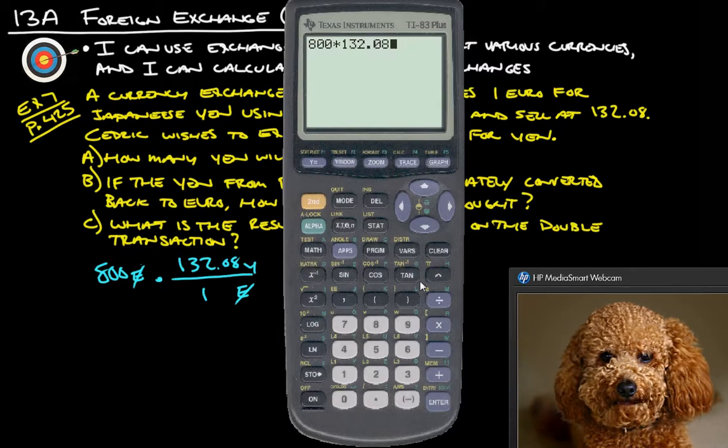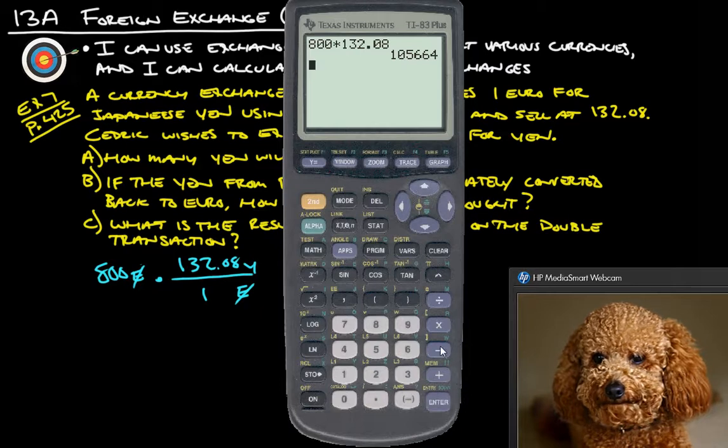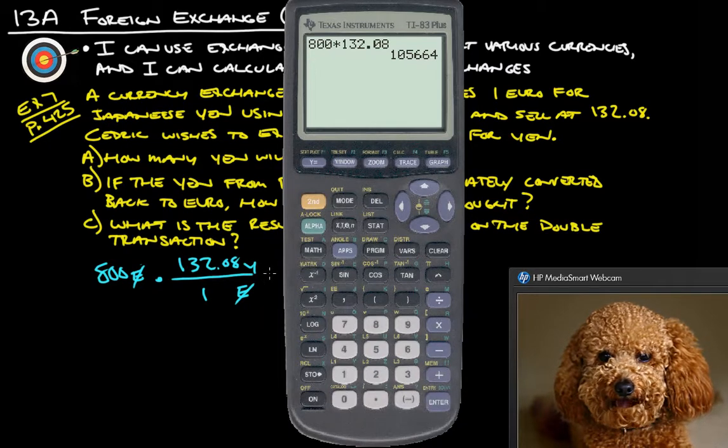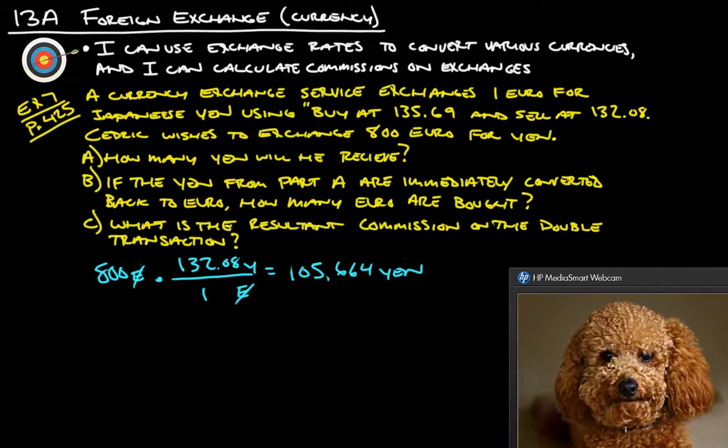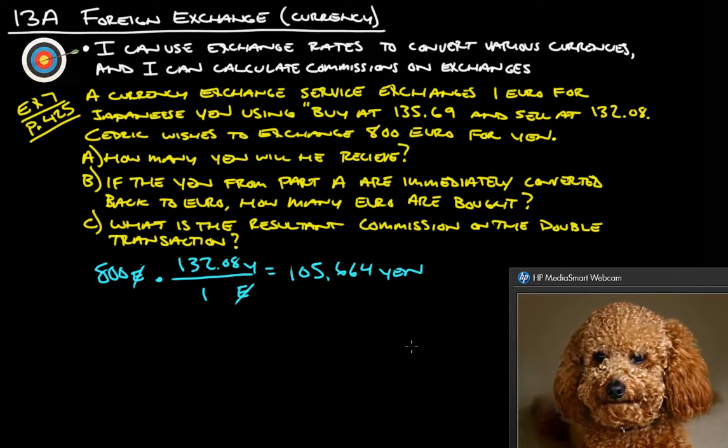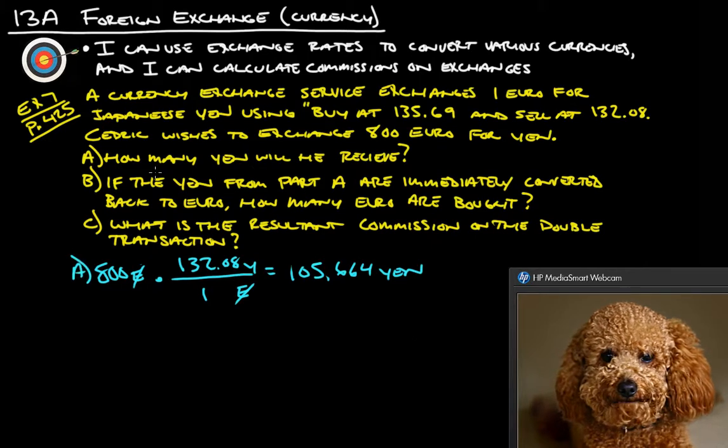All right, and we get 105,664 yen. Amazing, isn't it? Yes. So that's how much. That's part A. Okay, so how many yen will he receive?